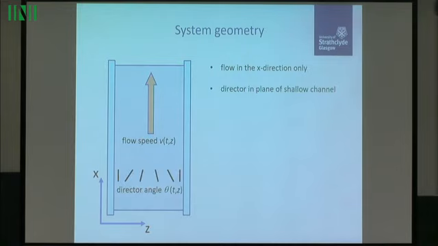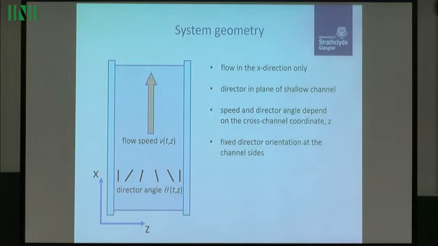The director angle here is theta, which is the angle my director, these rods, makes with the x-axis, the vertical direction here. And again, it might depend on time, it might depend on this coordinate across the transverse direction. So as I say, they both depend on just Z. I've got fixed orientations at the side.